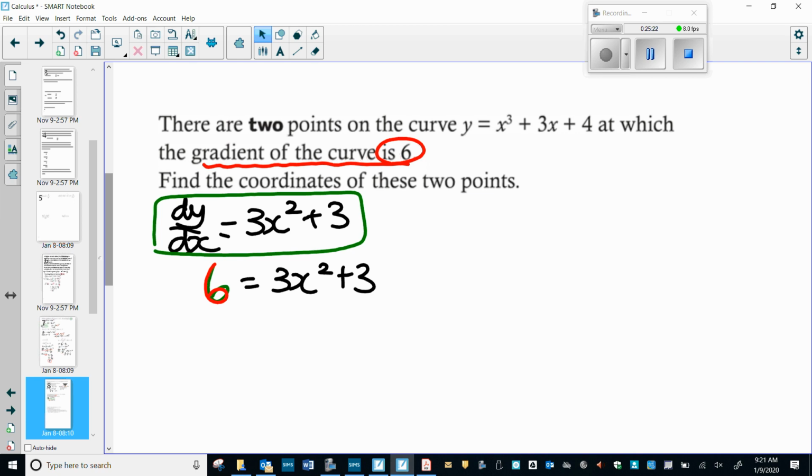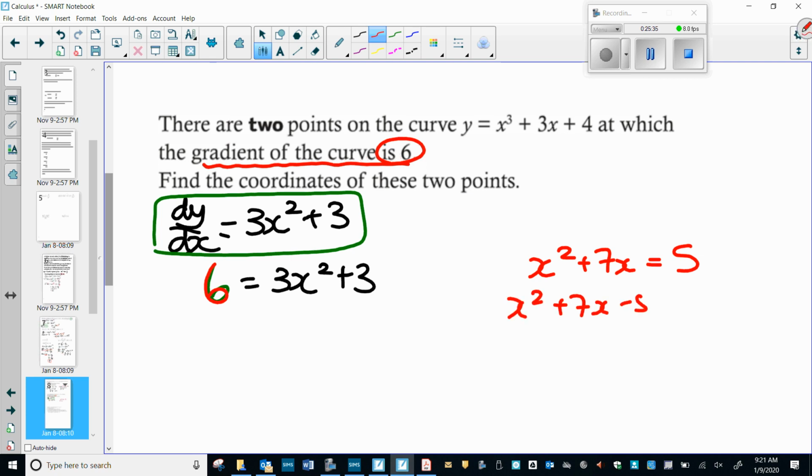If I had x squared plus 7x equals 5, and I wanted to solve that, normally I would rearrange it to equal 0. And I would then use my quadratic formula, or I would factorize it.